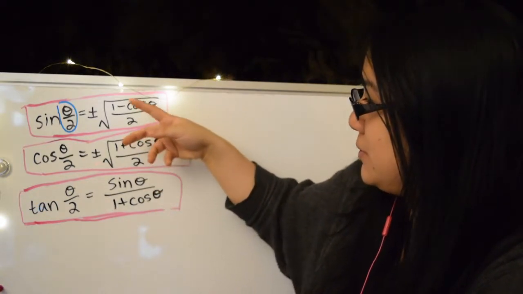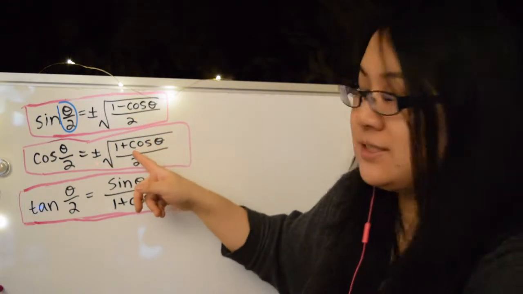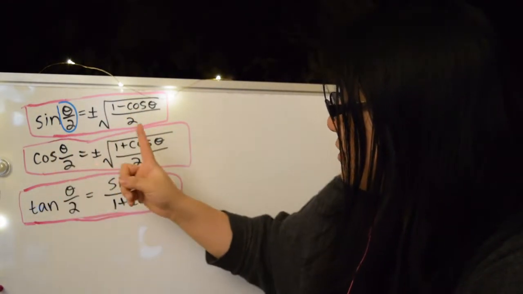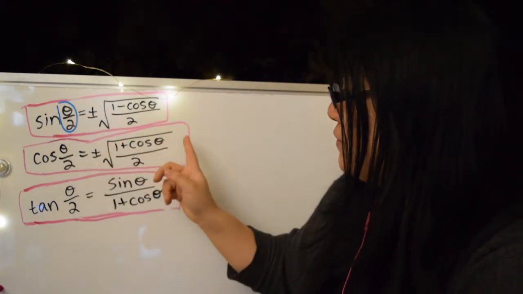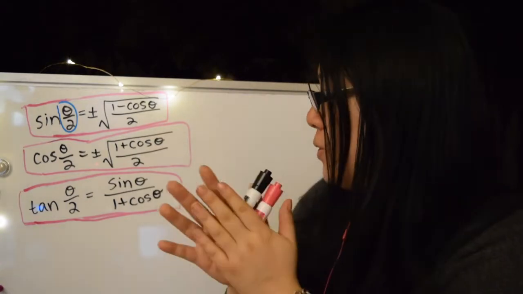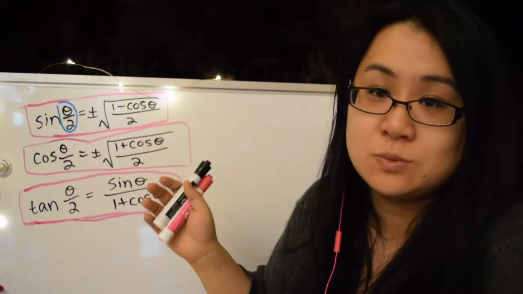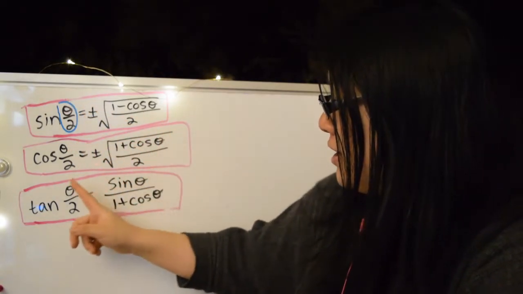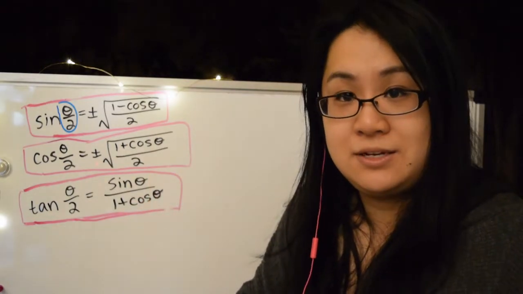The only difference between sine and cosine here is the minus and the plus. Sine has a minus, cosine has a plus. I also wrote this in terms of theta this time, so we can use A, alpha, X, Y, beta, whatever you want for the angles, as long as you are clear with what they mean.